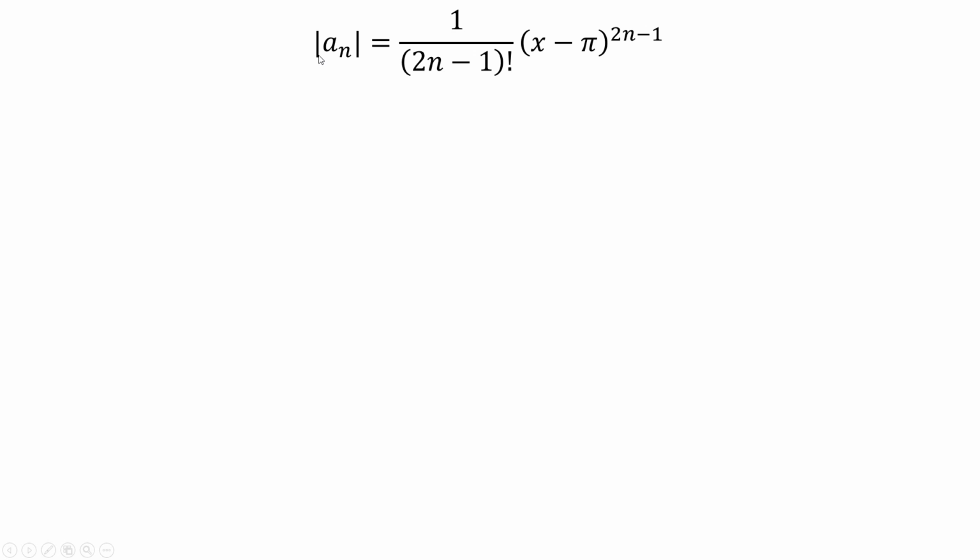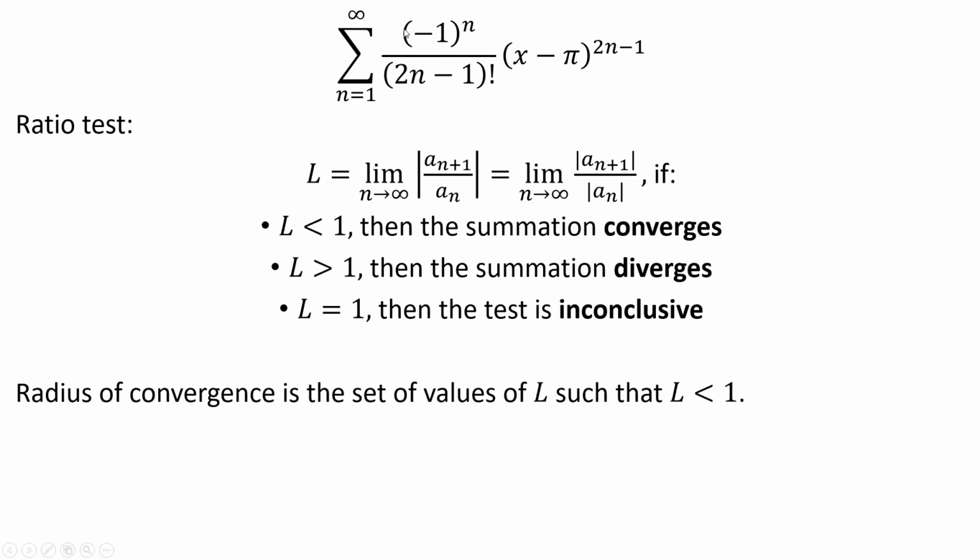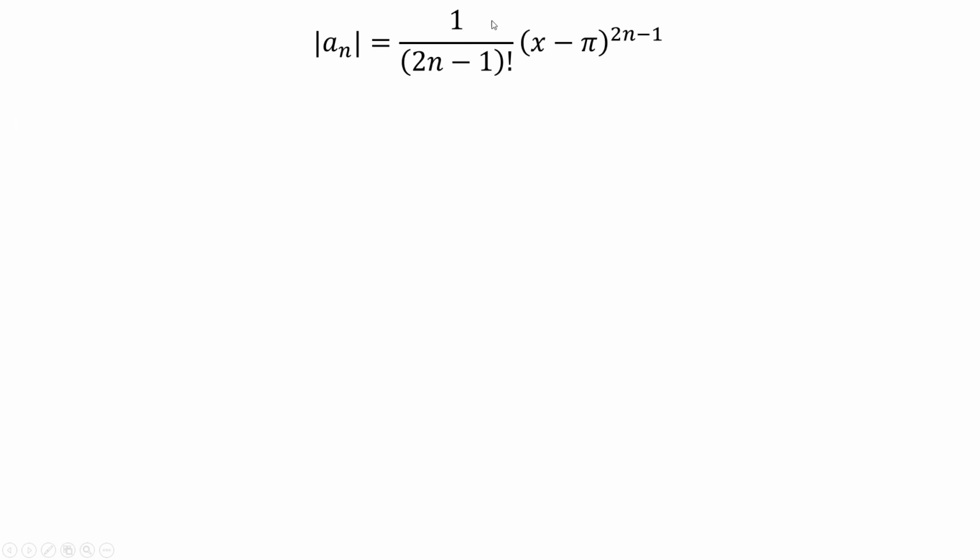So the mod of a sub n is simply, what we've done is we've modded the numerator of this fraction, and because this is just alternating between minus 1, 1, minus 1, 1, when we take the absolute value of it, the minus just goes away, and this is always 1. So we can replace the minus 1 to the n by 1. The factorial does not change because the modulus does not change the factorial.